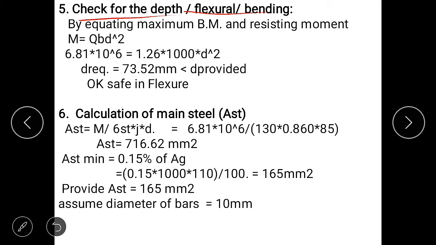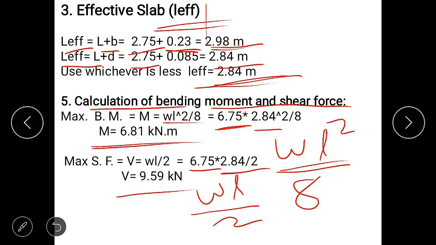Okay, so by equating maximum bending moment and resisting moment, maximum moment is equal to resisting moment. So M is equal to QBD square. M is 6.81 into 10 to the power 6, calculated in the fourth step.